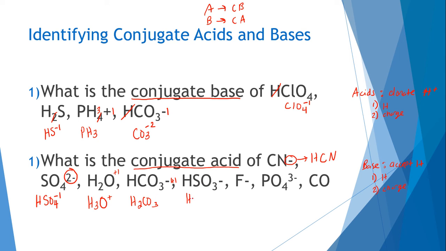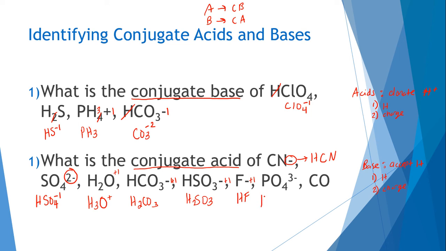Here I'm going to add a hydrogen, so I have 2. I have an SO3. This is a -1, so I have to add 1 to that, and that balances out to be 0. Fluorine, if you add a hydrogen, 1 plus 1 gives me 0. So notice that you're adding a hydrogen, adding to the charge.